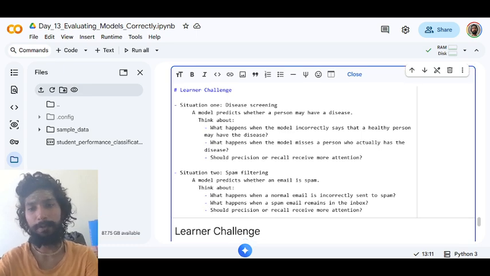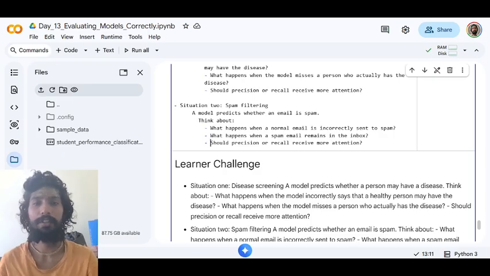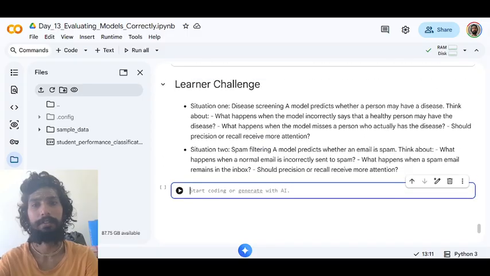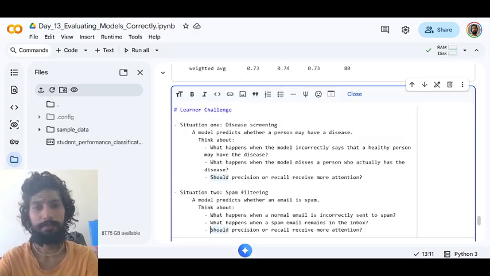What happens when the same spam email remains in the inbox? Should precision or recall receive more attention? So these are the two cases.